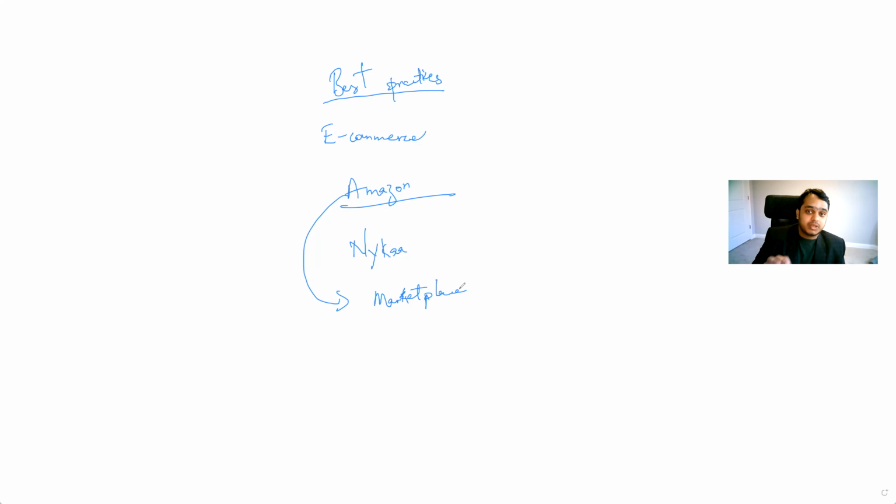When no one is checking the quality, anybody can sell anything there. Yes or no? Anybody can come and sell anything, unless there are keywords which are abusive or against the community guidelines. Those things the system can identify and drop off.